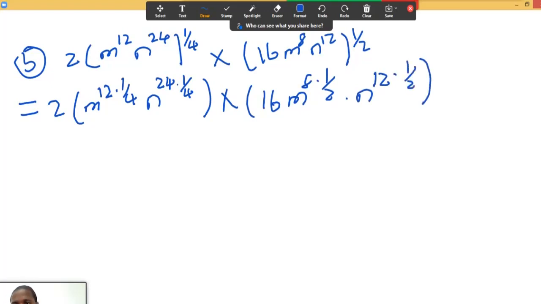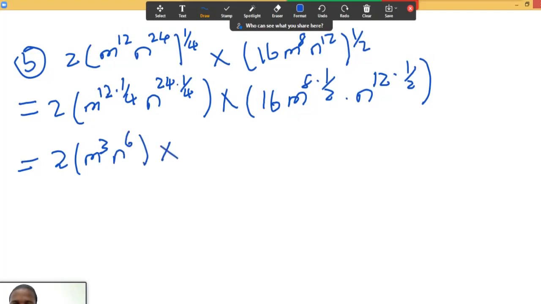So then we can look at our 2 into, so if you look at 12, you can say 12 divided by 4, that is 3. So you have m to the power 3, and then you can say 24 divided by 4, that should give us n to the power 6.